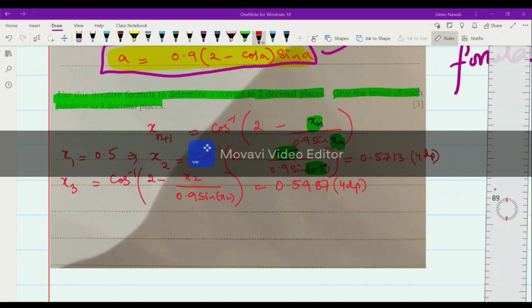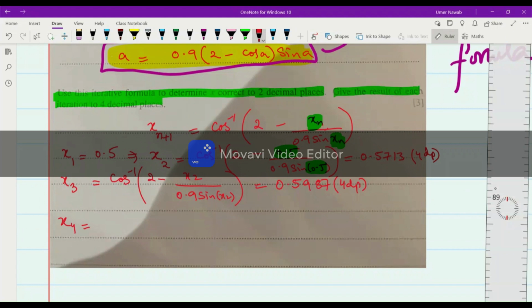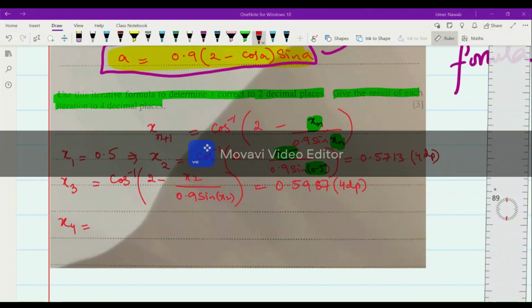Right? Now automatically, if you press the equal sign, the calculator will pick the answer on the display. I'm ready to get my x4, the fourth iteration. So it gives me 0.6100.